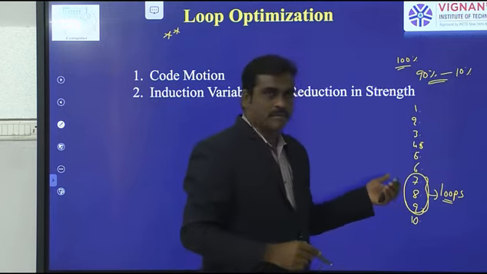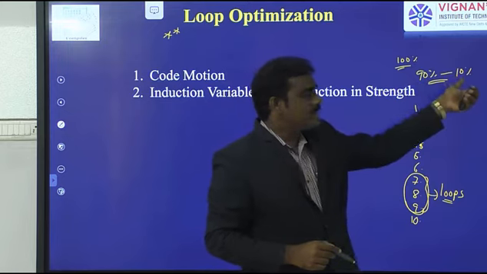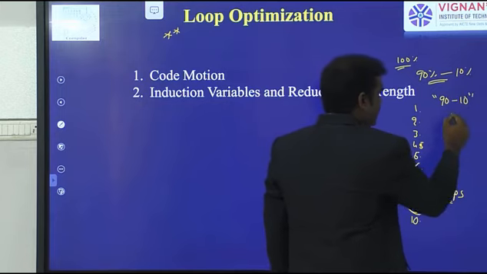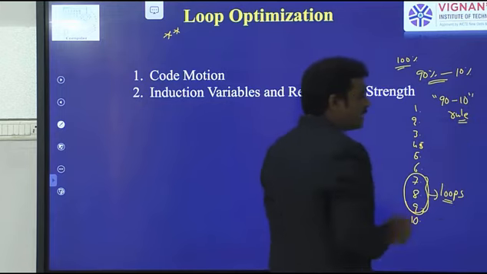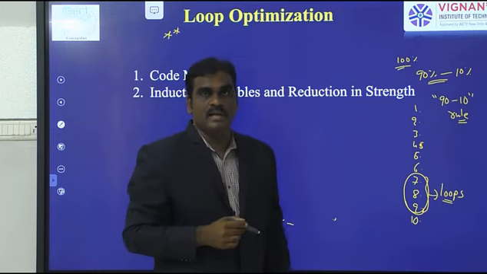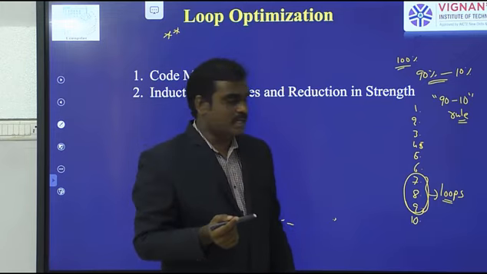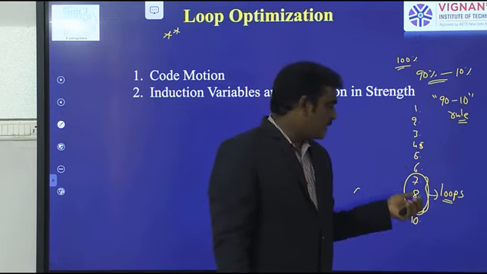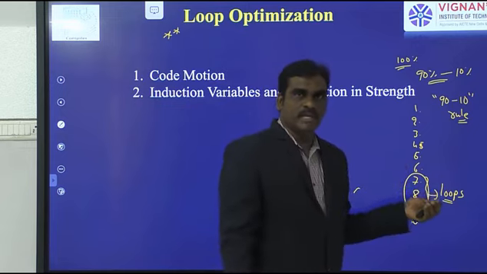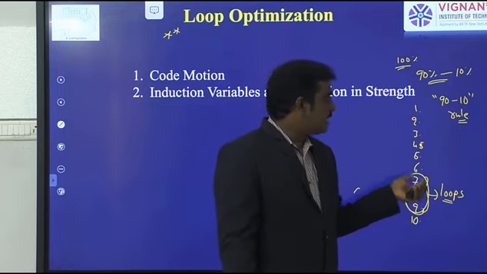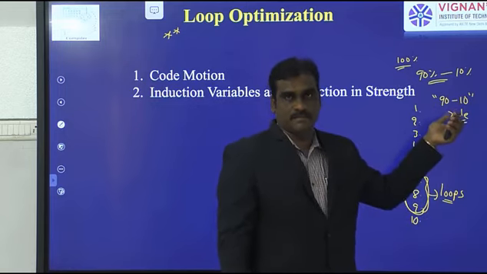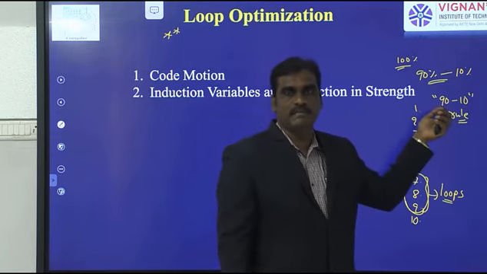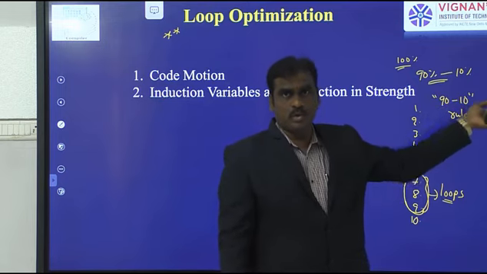We call this the 90-10 rule. The 90-10 rule means 90% of the time is taken by only 10% of the code. Out of 10 lines, only 3 lines related to loops take almost 90% of the time.